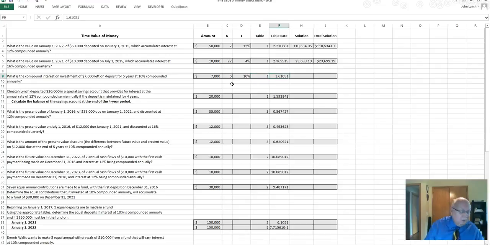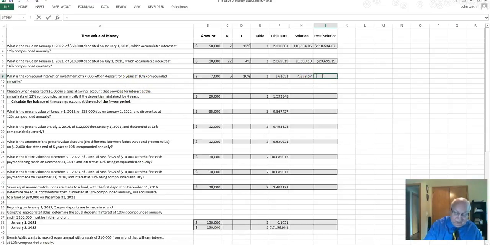Again, we go to table 1 and we come up with this one. But the problem with this is we'll take the 7,000 times the 1.6. But in this case, we also then want to subtract one of the $7,000 payments because we're not going to earn interest on that. We only actually make 4 payments.